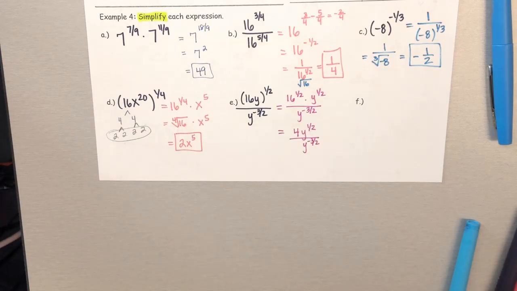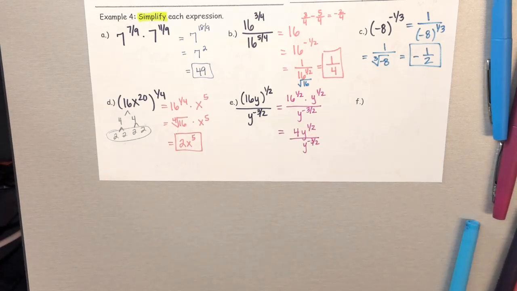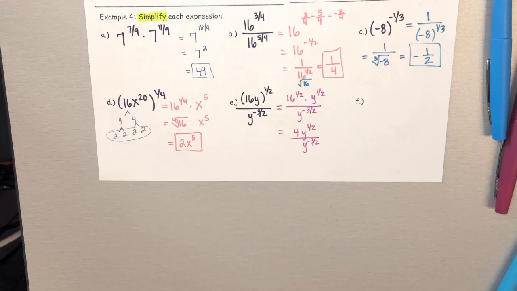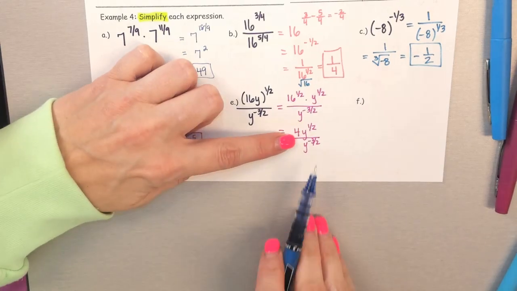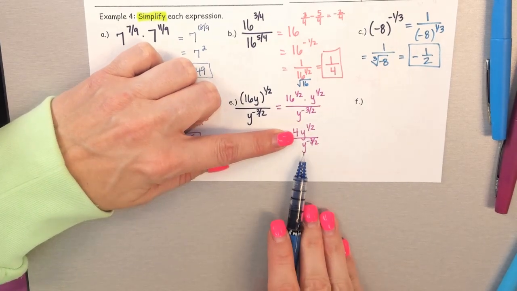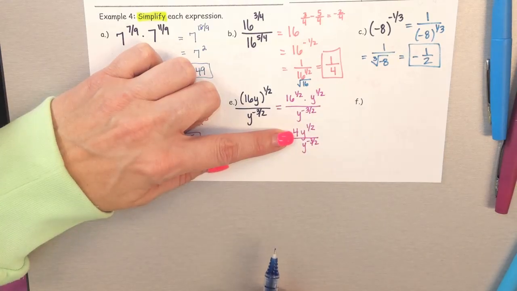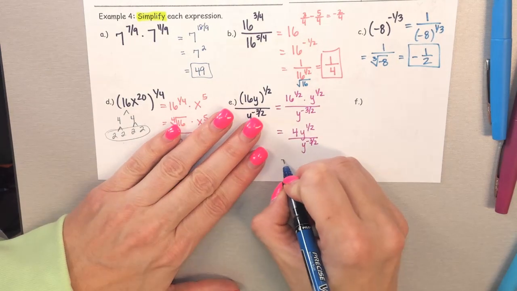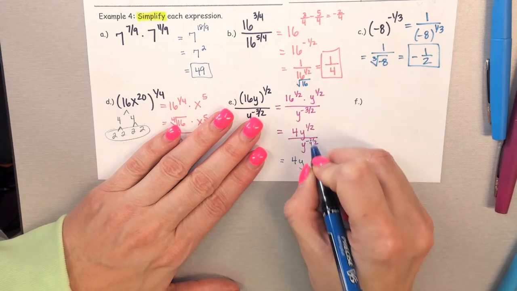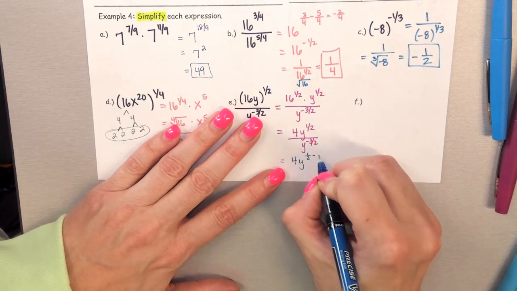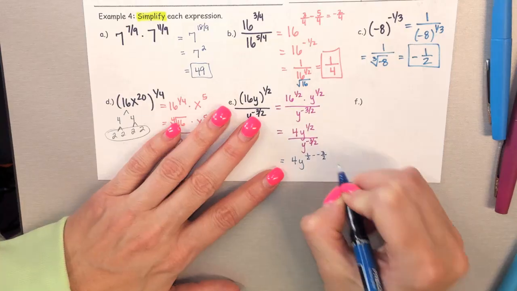Hold on, let me explain it. So we're going to do one of our rules, and then I'm going to tell you another way you could do this if you wanted. So one of our rules is, if you're dividing with the same variable, what would you do with your exponents? Yep. So you could rewrite this as 4y to the power of 1/2 minus -3/2.